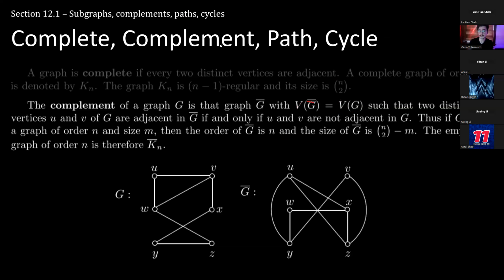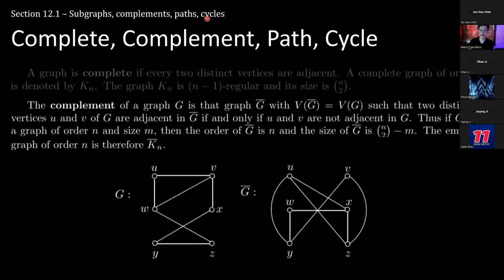So they have the same vertices, but it's a different graph, such that two distinct vertices U and V of G are adjacent in G complement, or G bar, if and only if U and V are not adjacent in G. Thus, if G is a graph of order n and size m, then the order of G bar is n and the size of G bar is n choose 2 minus m. The empty graph of order n is therefore the complement of the complete graph K sub n, because we just saw that K sub n denotes the complete graph.